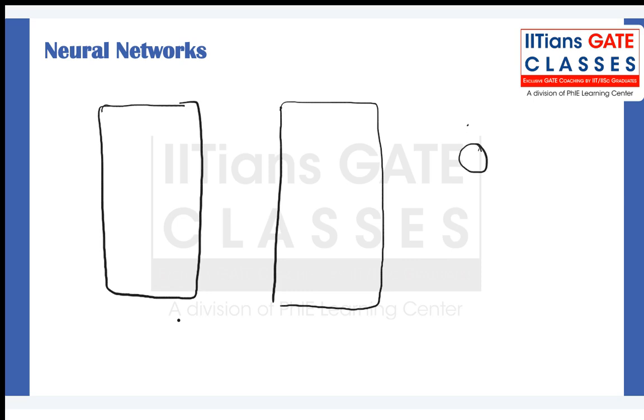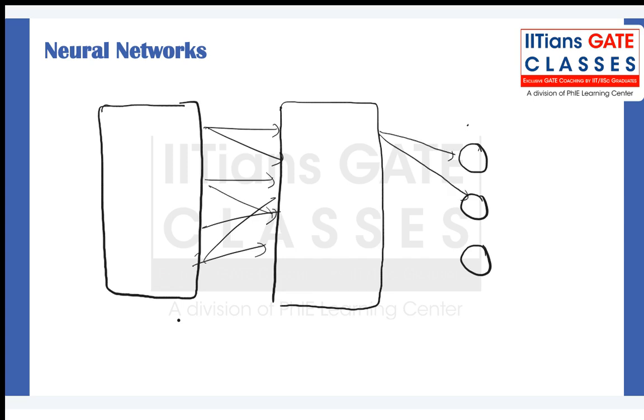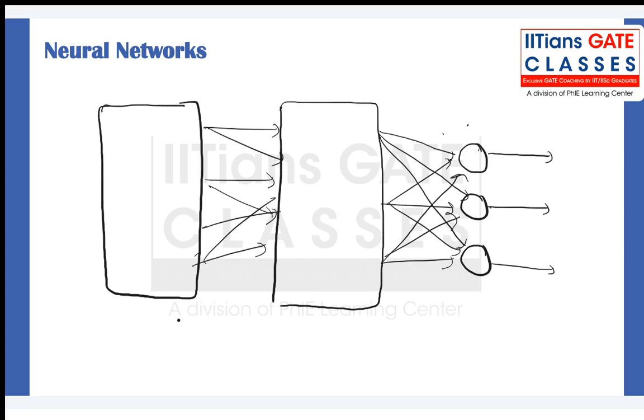Okay, so this is my input layer. Now they might be connected like this, something like this, to the hidden layers, and they are now connected something like this. So this is my output layer. This one might output that the probability that it belongs to class 1 is some x.